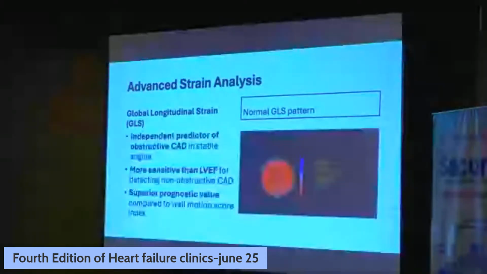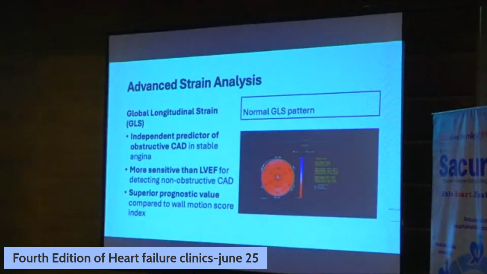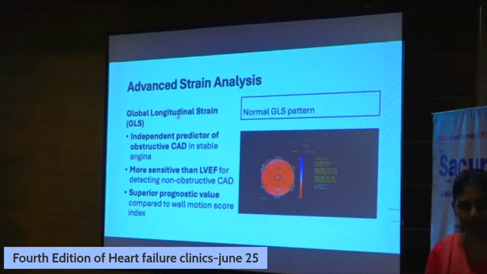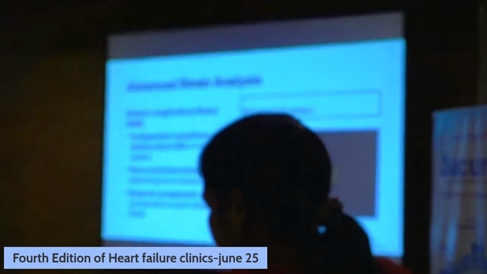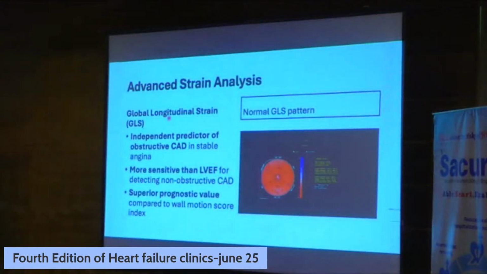So the GLS is a very sensitive, that means a very early, marker for left ventricular dysfunction onset. So this is an important parameter which one should incorporate into their daily diagnostic evaluation.